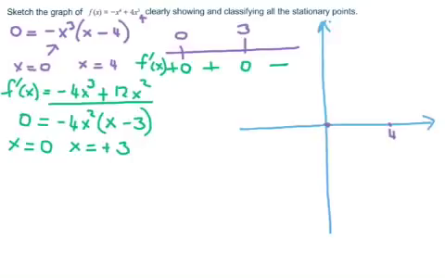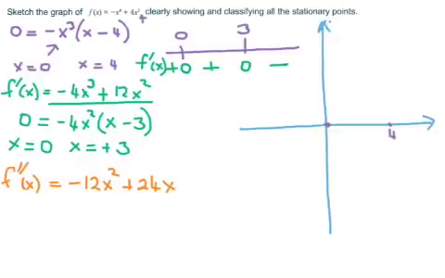To find out for sure, we need to look at the second derivative. So let's take the second derivative, and that is going to be negative 12x squared plus 24x.